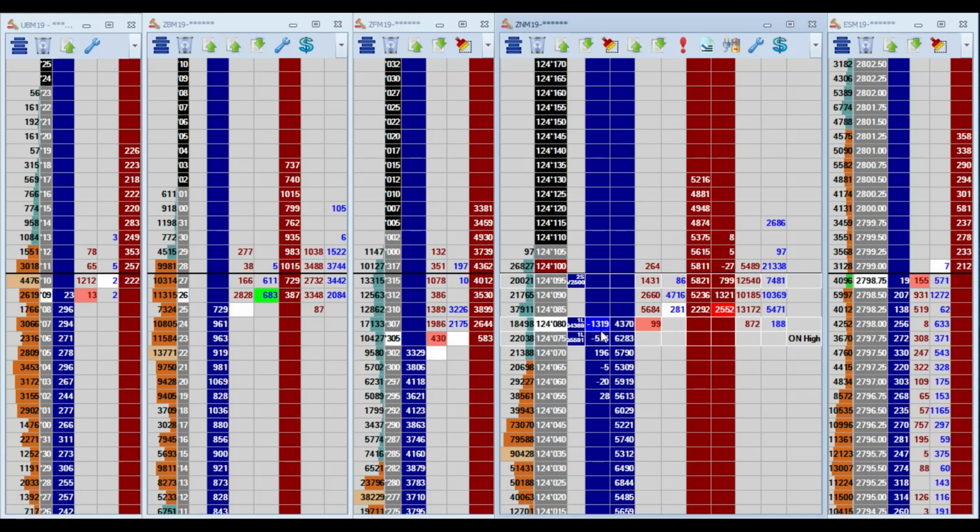Still hasn't quite pulled off enough yet. Only 1,300 with 100 hit down into it. I like this offer here, 2,500. That's got to stay. There we go. Pulled off. You see that? 2,600 just pulled off. Nothing hit down into it yet.